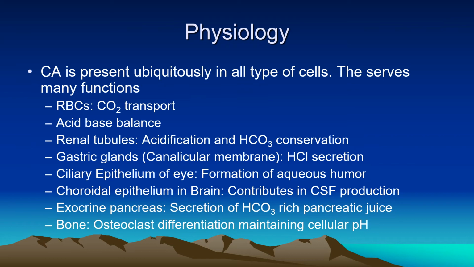It is also involved in formation of aqueous humor in the ciliary epithelium of the eye, and it also contributes in CSF formation in the choroid plexus of the ventricles of the brain. Among other functions, in exocrine pancreas, the exocrine secretion, which is rich in bicarbonate, is because of the activity of the enzyme, and osteoclast differentiation maintaining cellular pH is also carried by carbonic anhydrase in the bones.